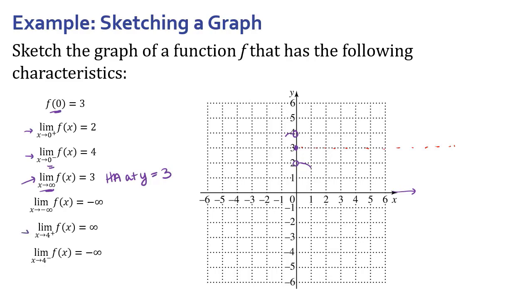I'm going to sketch down to these two. As x is approaching 4 from the right, we go towards positive infinity, and from the left towards negative infinity. This means we're going to have a vertical asymptote here at x equals 4. So I'm going to draw that in.